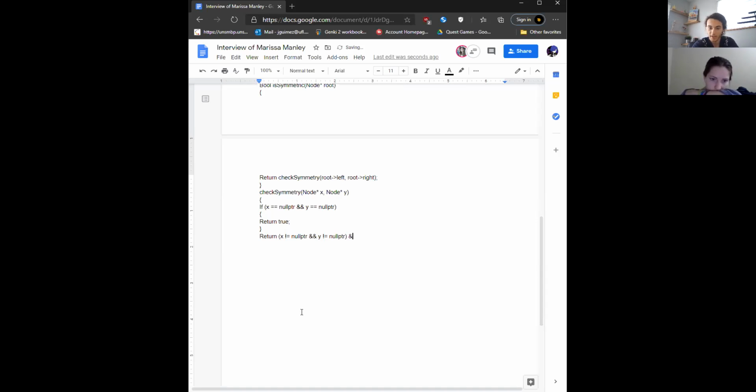That is the first case, and we need to check the symmetry between x left and y right, as you did, and check symmetry between x right and y left. And that satisfies our three rules. And that simply returns whether it is a symmetric subtree.